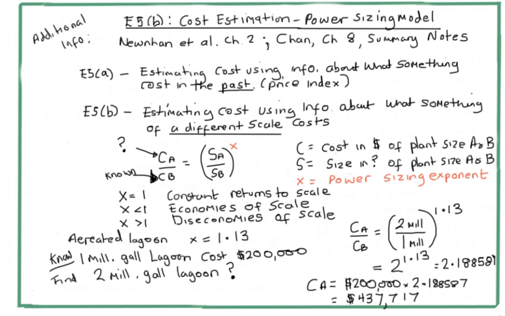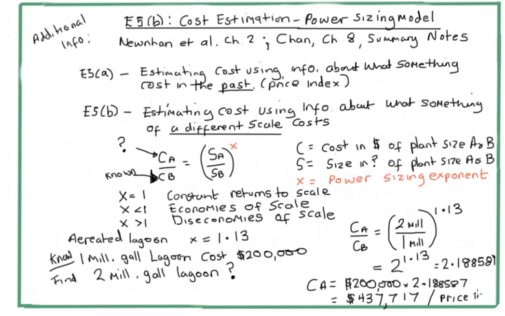If you get that type of question, you're going to start out using the power sizing exponent and find the cost. So essentially you would find what a 2 million gallon lagoon would have cost in 2005. That's fine.